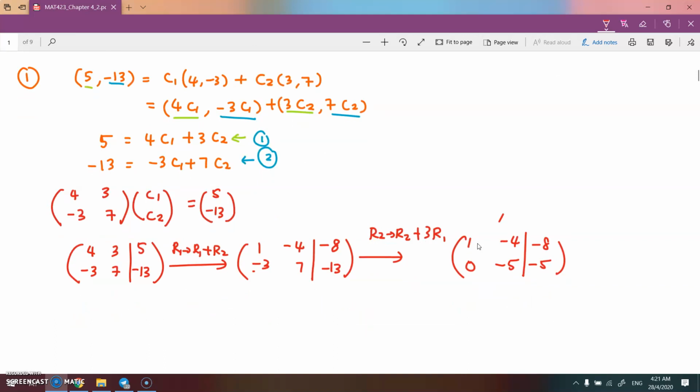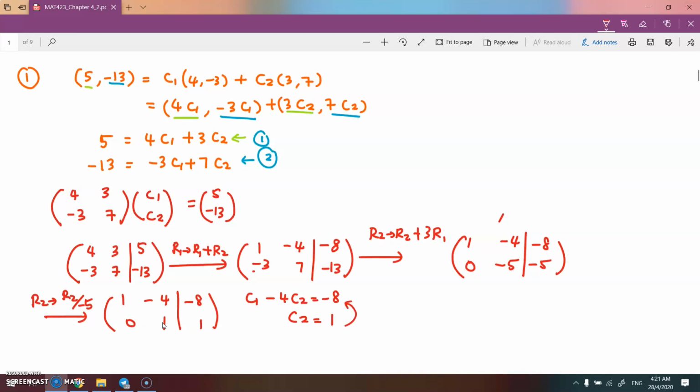Row 2 is row 2 divided by -5, so we get 0, 1, 1. So your equation becomes C2 equal to 1.